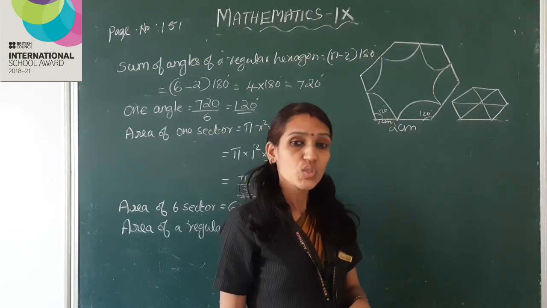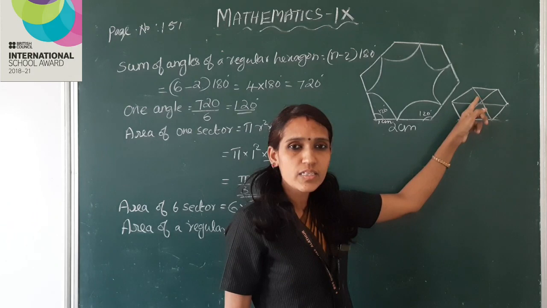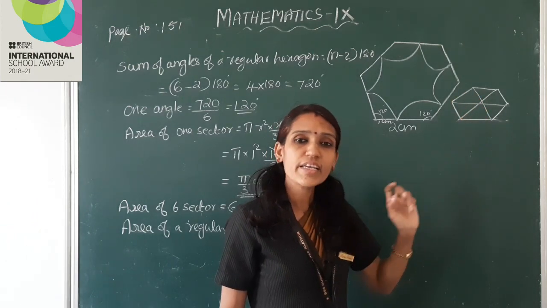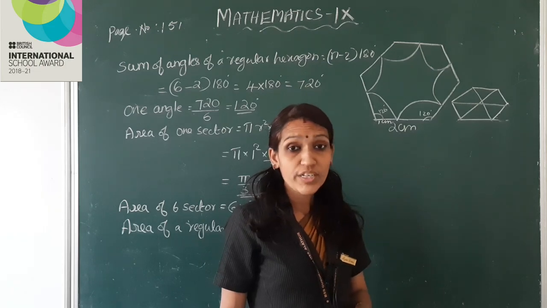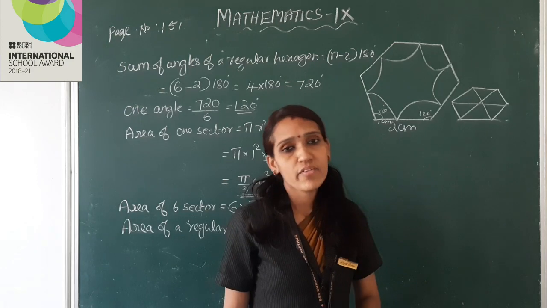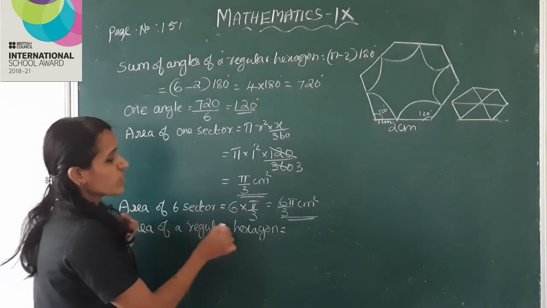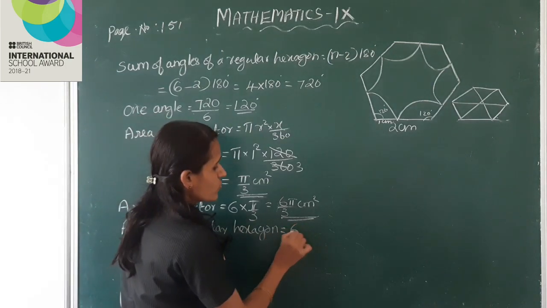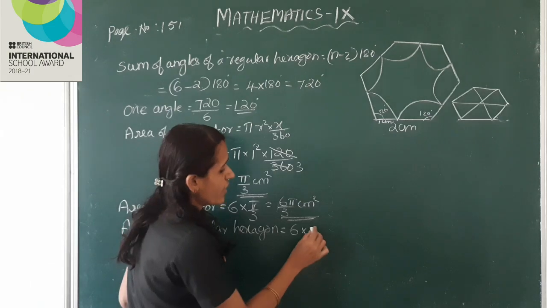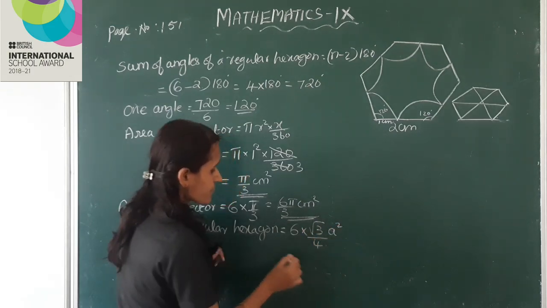So area of regular hexagon is equal to 6 into area of one equilateral triangle. We know that area of an equilateral triangle is root 3 by 4 a square.